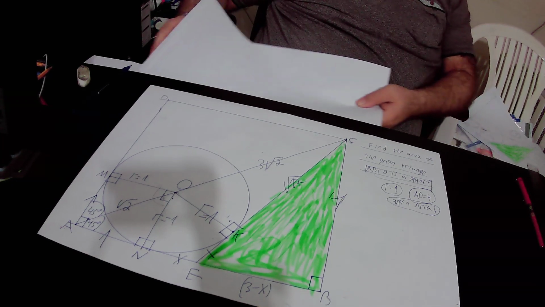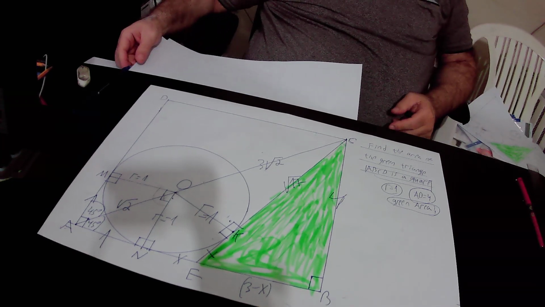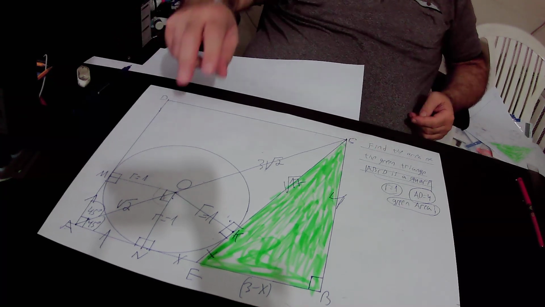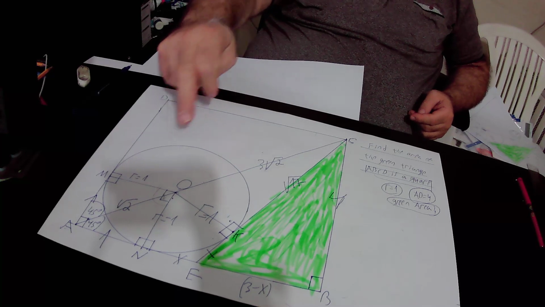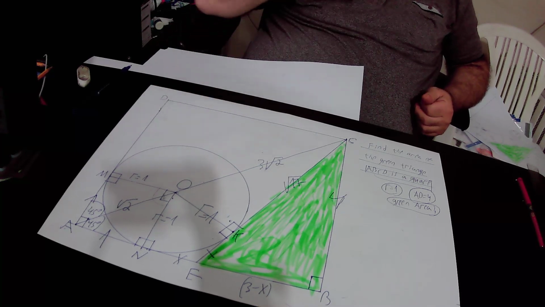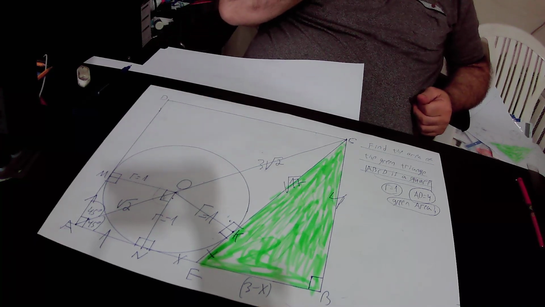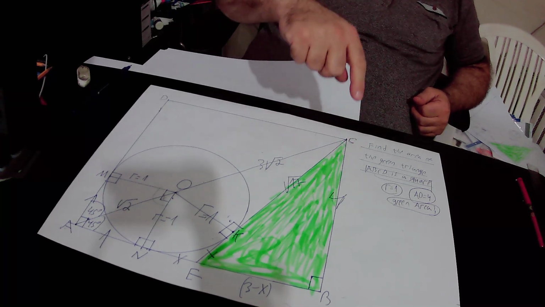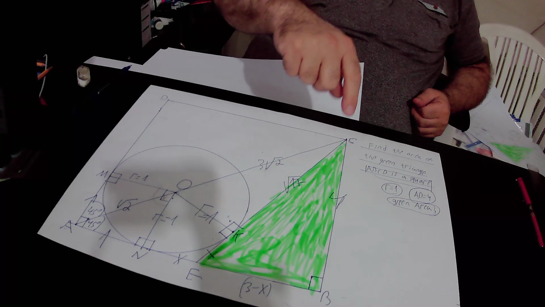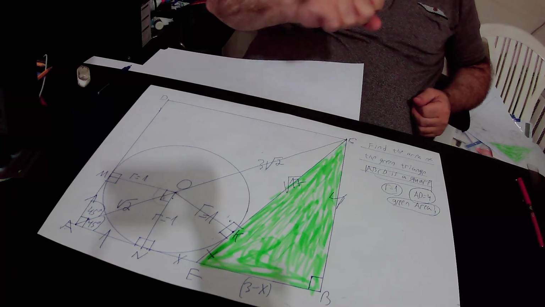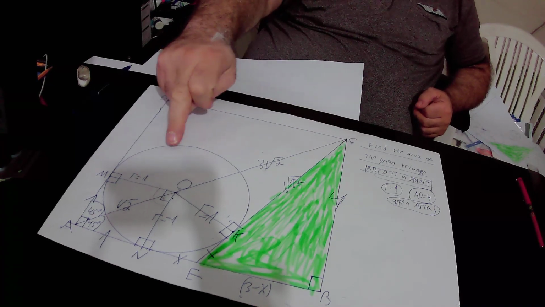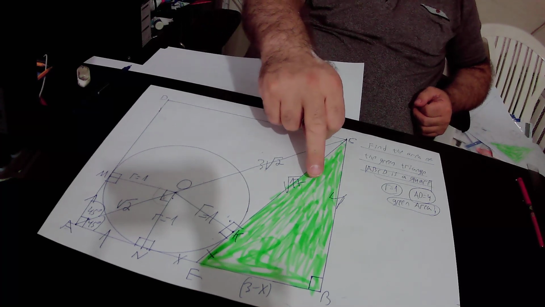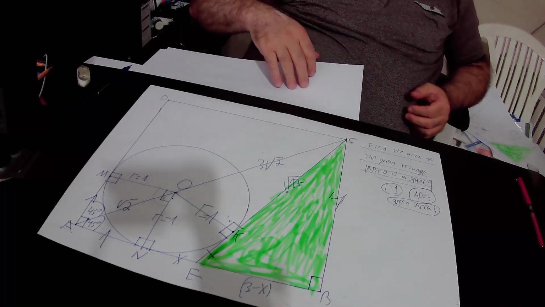The length of one side of square ABCD equals 4 units. Inside this square we have a circle, and the radius of this circle equals 1 unit. And we want to find out the area of the green triangle.